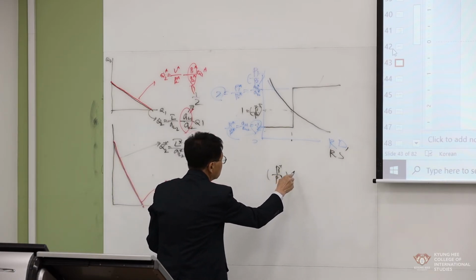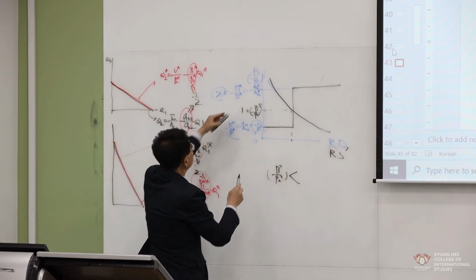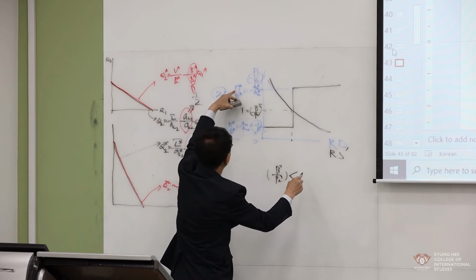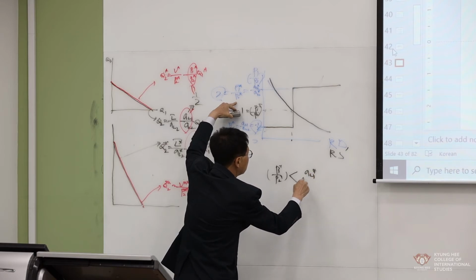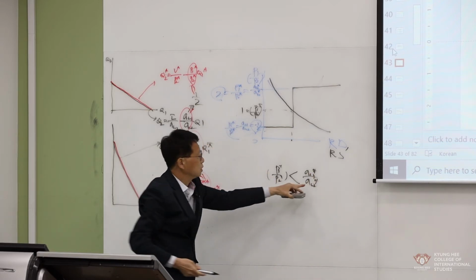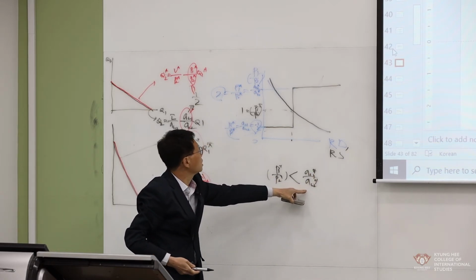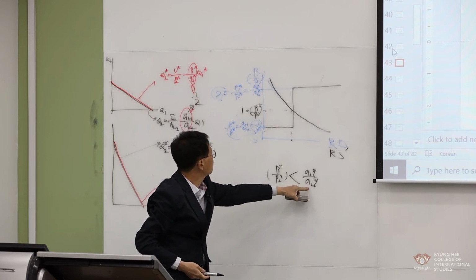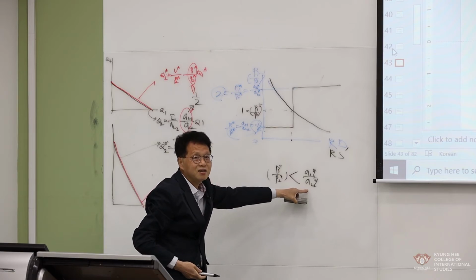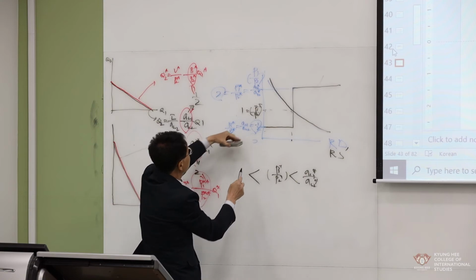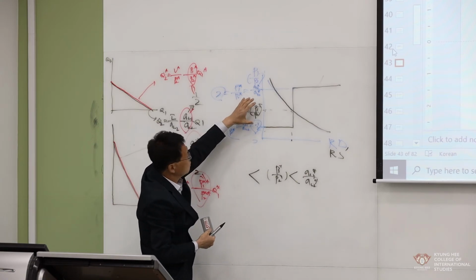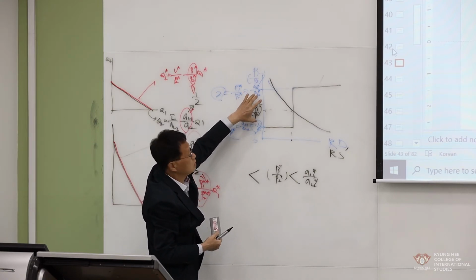This one is smaller than this. P1A star over P2A star, or simply AL1 star over AL2 star, right? That is autarky. This one is slope of MRT in foreign, right? But it is higher than this. So after free trade, price should be in between, right?